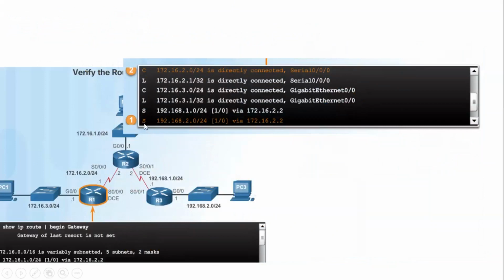Firstly, it needs to send something through this. Oh, I have a route to 2.0, and it is through 172.16.2.2. But where is 172.16.2.2? Look up again. Oh, it is through serial 0/0/0. So using next hop IP address, you have to do two lookups, and it's called recursive lookup.